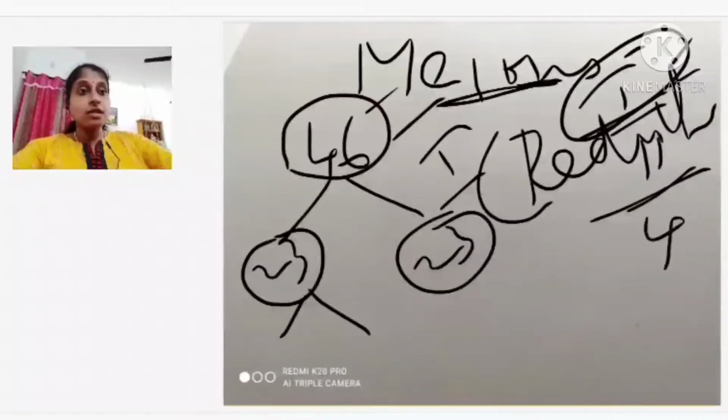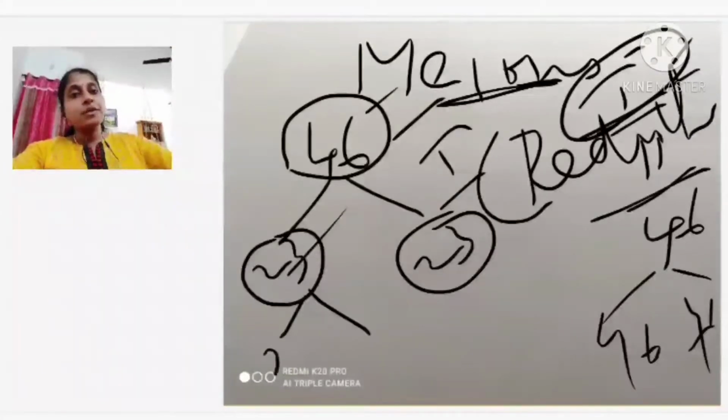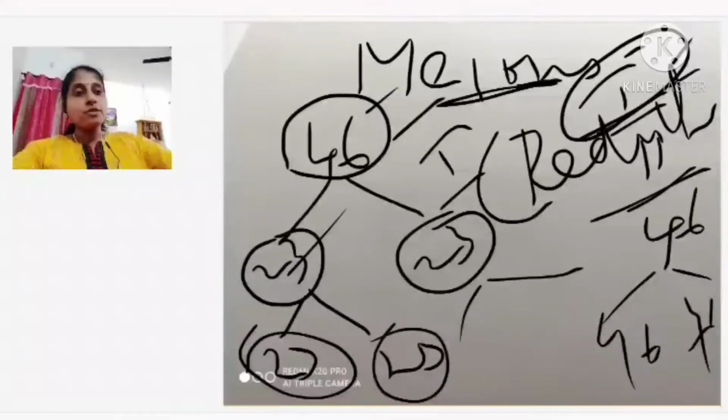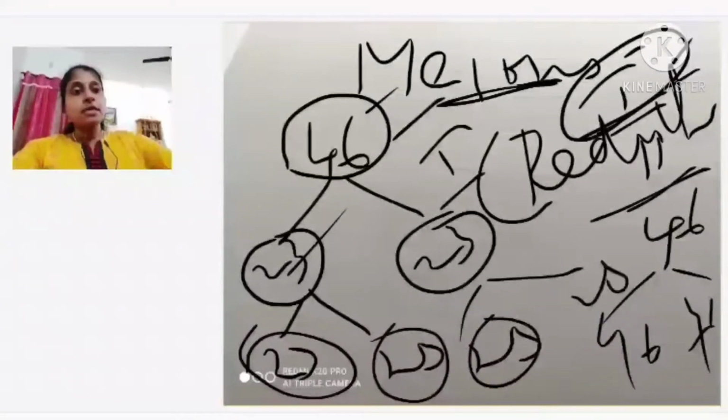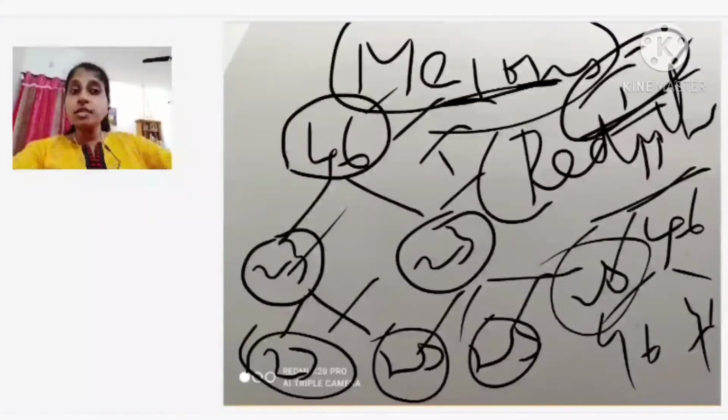Like in mitosis we learned from 46 chromosomes 2 cells were formed, right? So here it is 23. From 23 also I am getting 2 cells, and from this also I am getting 2 cells. So at the end of meiosis how many cells are formed? 1, 2, 3, 4 cells are formed, and all these 4 cells have the haploid number, that is half the number of chromosomes.